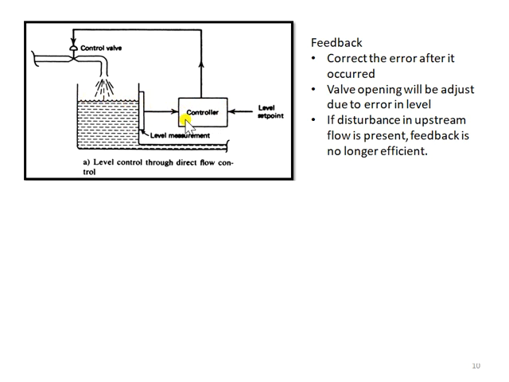controller here, where the controller will have a level set point. Let's say this is the set point, and the controller will use the level measurement to observe the process variable.